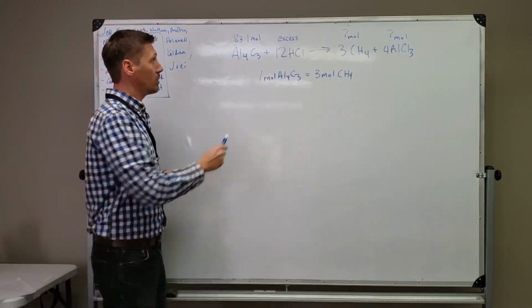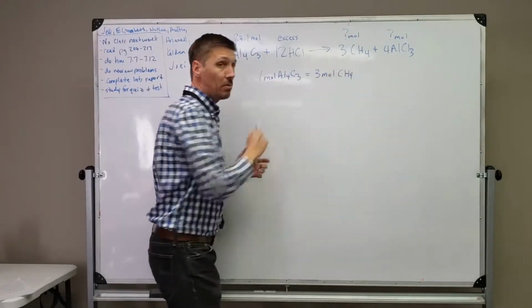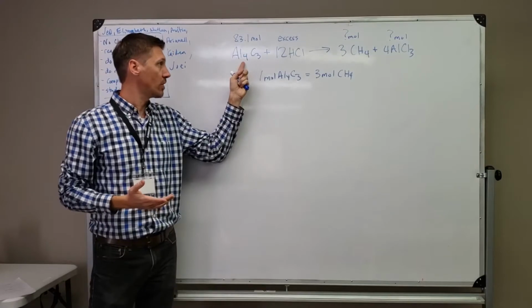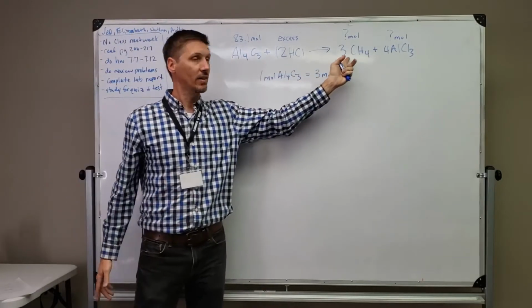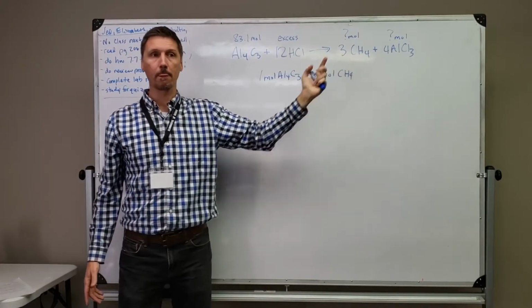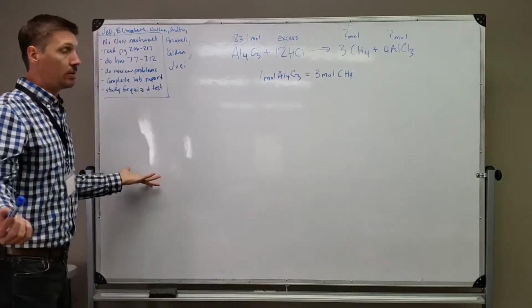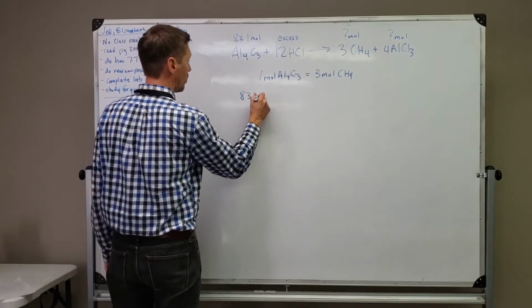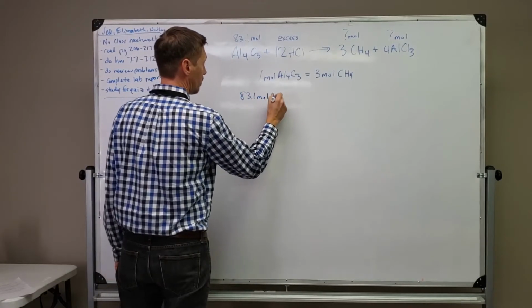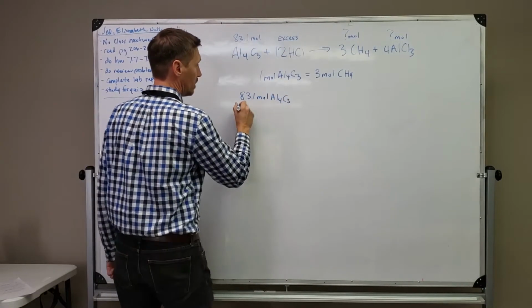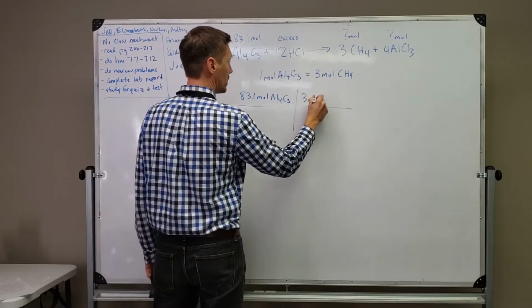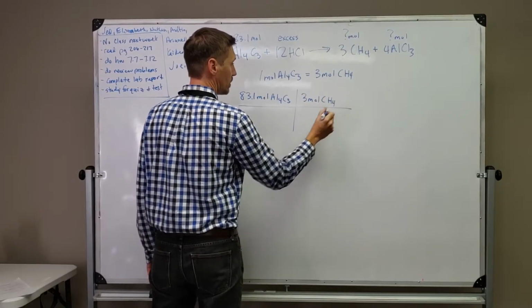Why did she say that? Well, because I had moles of this and I'm trying to figure out moles of that. So the relationship that the equation tells me between those two is that for every 1 mole of this, I've got to have 3 moles of this, right? And so now it's just a unit conversion, right? It's just saying I have 83.1 moles of Al4C3, and I'm going to multiply that times, I'm going to put the moles of CH4 on top because that's the unit I want to end up with.